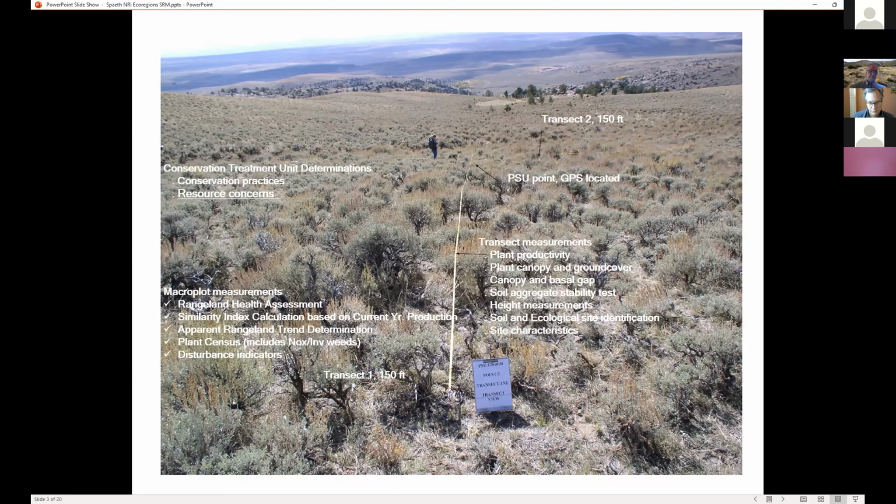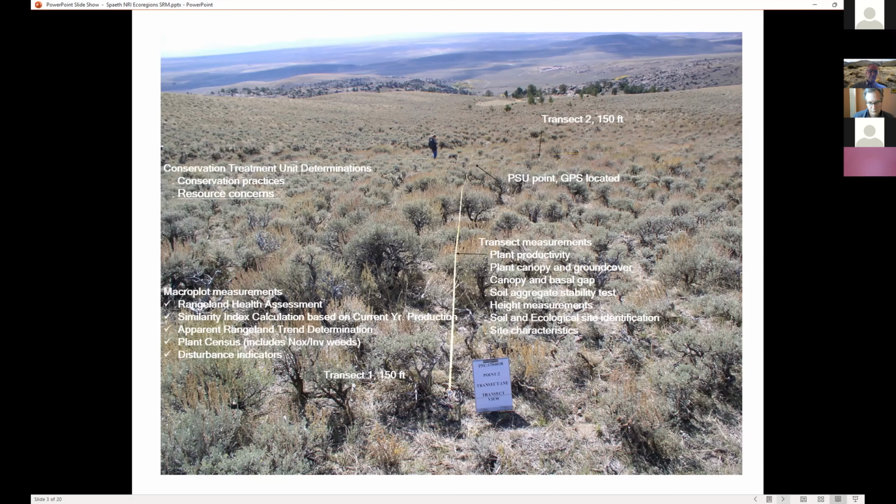We do rangeland trends, a full census of ID and plants, assigning a density value to them, and then we record disturbance indicators. Along the transect, a variety of data from plant productivity, canopy cover, soil stability tests, etc., plant heights, pretty in-depth protocols in the field.